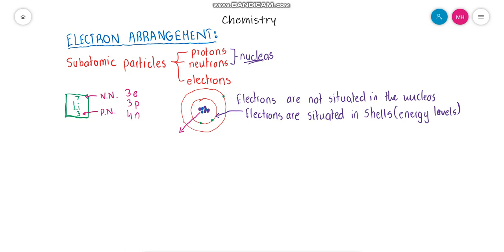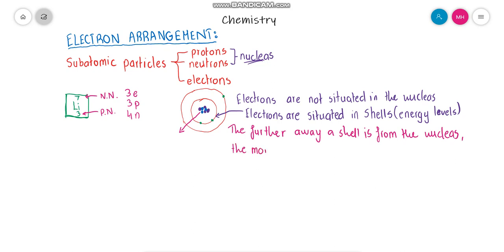So just write that down: the further away a shell is from the nucleus, the more energy that shell will have.